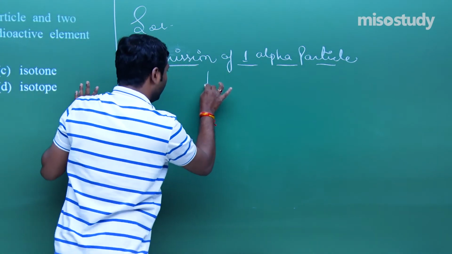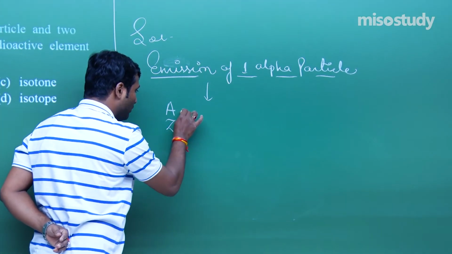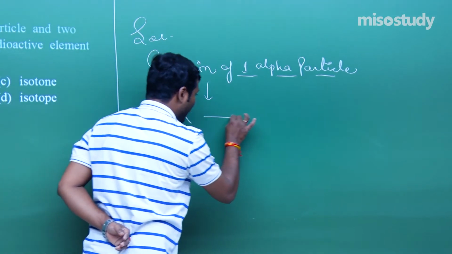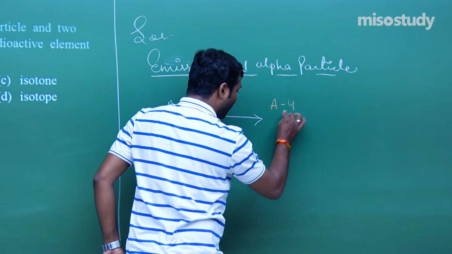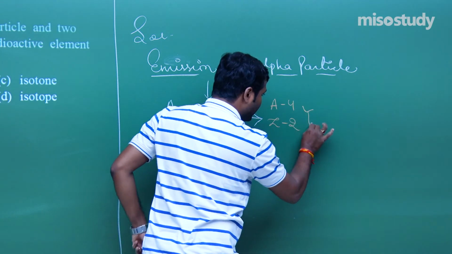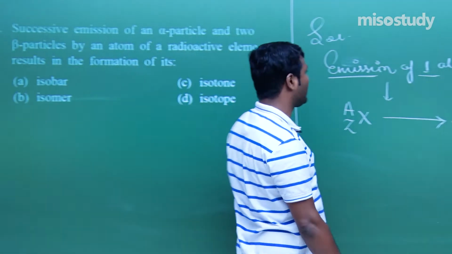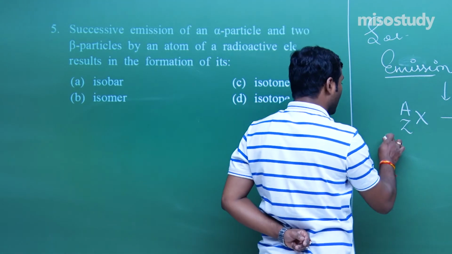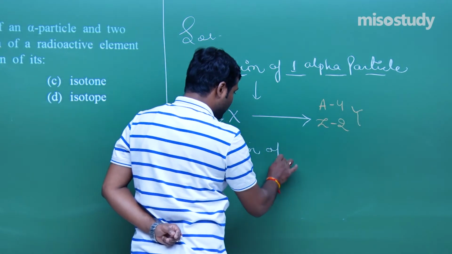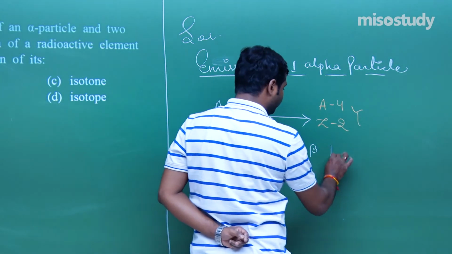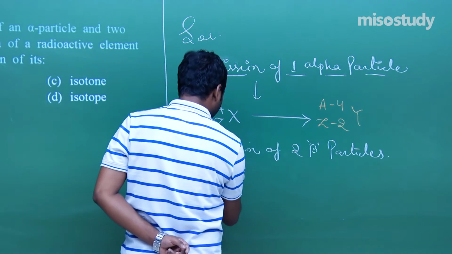In this case, if the parent element has mass number A and atomic number Z, then emission of one alpha particle decreases the mass number by 4 and the atomic number by 2. Am I right? Yes sir. Now two beta particles are also given. Now what will happen? Check it out. If there is emission of two beta particles, then what will happen in this case?